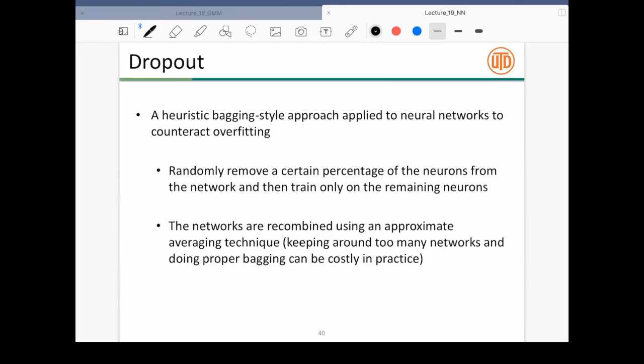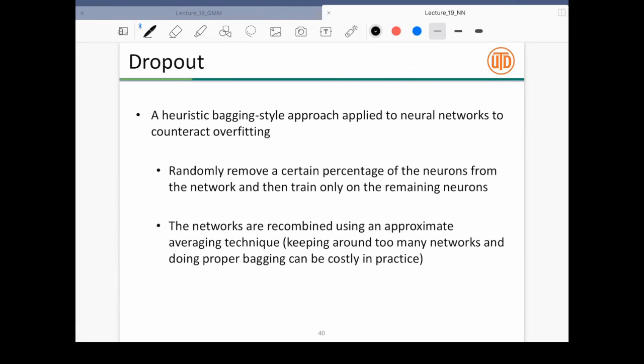And it turns out that, if you were to do it with a full-fledged bagging approach, you would have multiple neural networks, and you would need to keep these multiple neural networks in memory, right? But each neural network is very expensive to store, right? So from a memory perspective, it's not possible to store that many. So what we end up doing is a simple statistical averaging, right?